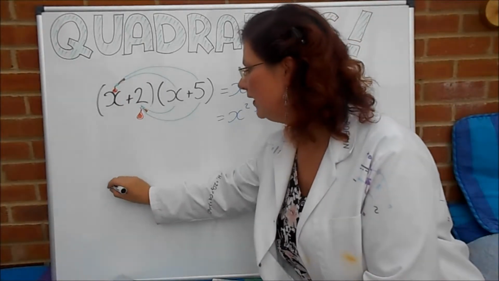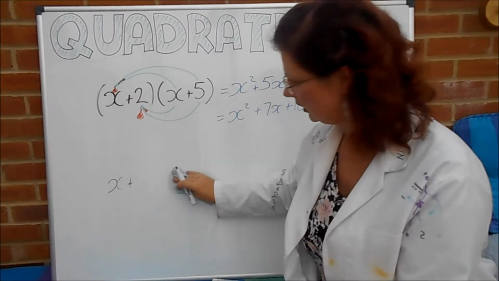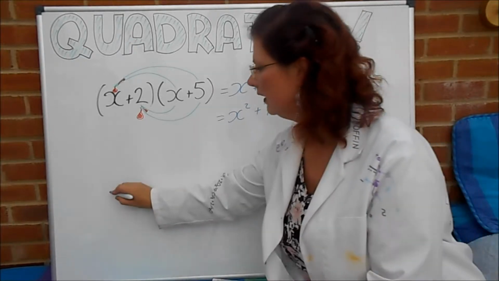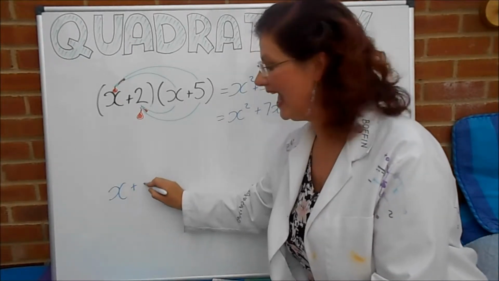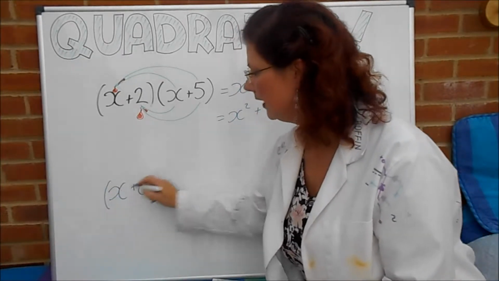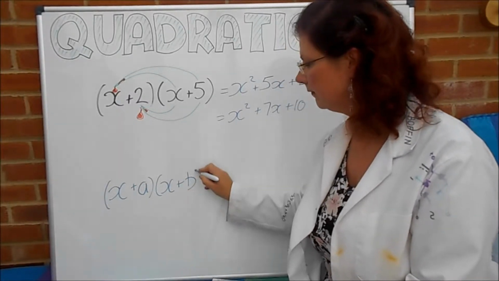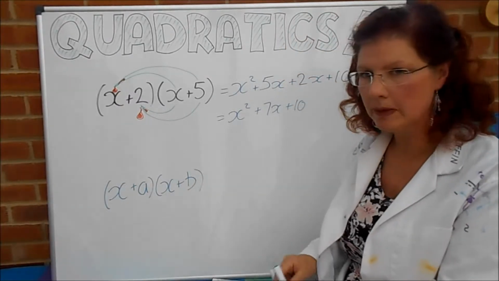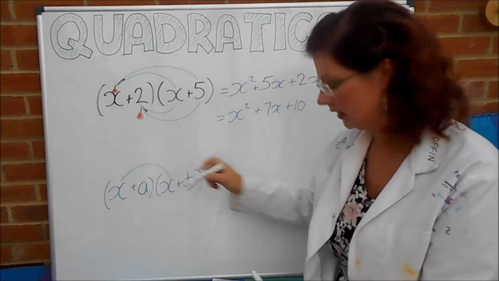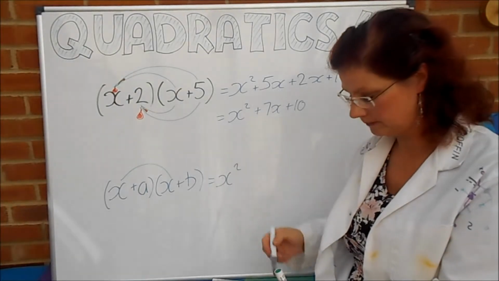So if we have x plus A, which is just 7 or 3 or something like that, and then x plus B. Again, B is just any old random number. So again, applying FOIL, first two, the x times the x, we get x squared.